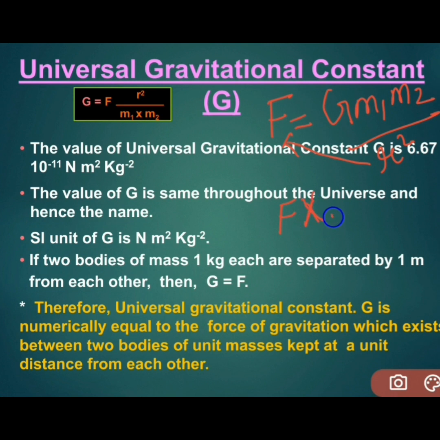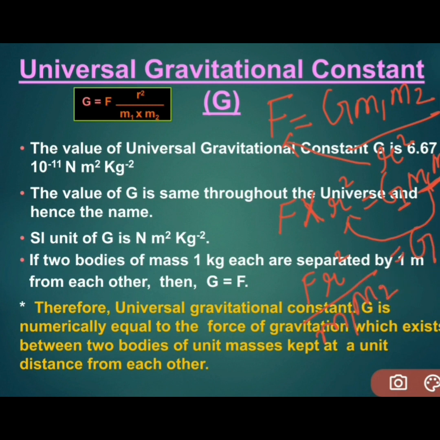So F into r square is equal to capital G m1 into m2. Now m1 and m2 are in multiplication with capital G. When I bring them to the LHS, they convert into division. So F r square divided by m1 into m2 is equal to capital G, the universal gravitational constant.